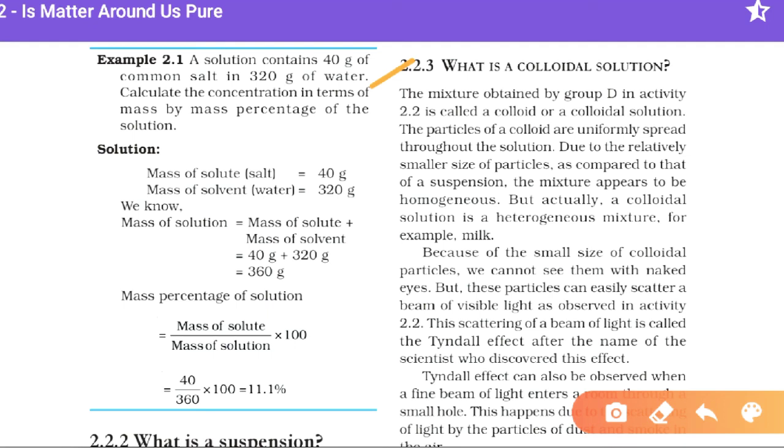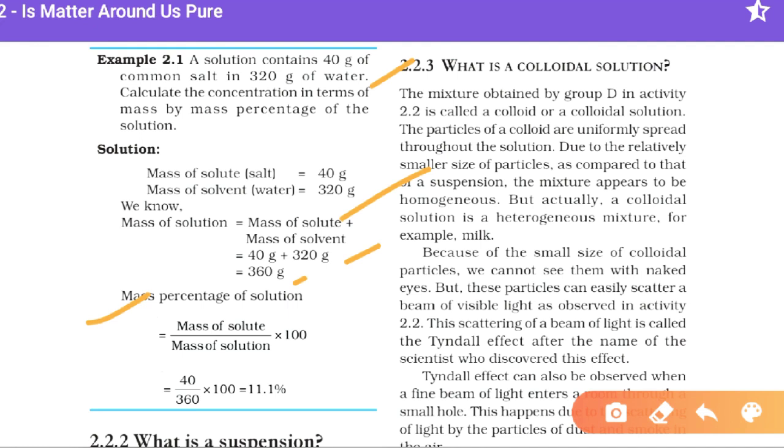We know that a solution is made up of two substances, solute and solvent. So we can find the mass of the solution by adding the mass of the solute and the mass of the solvent, and we get 360 gram. Now we know the formula of the mass percentage of the solution is equal to mass of solute over mass of solution multiplied by 100.